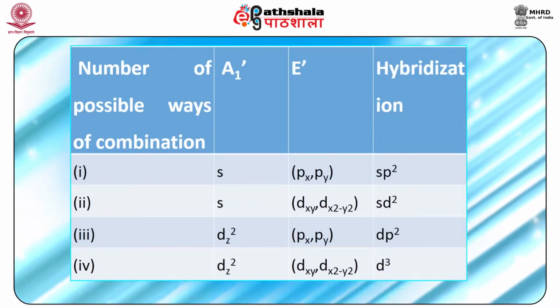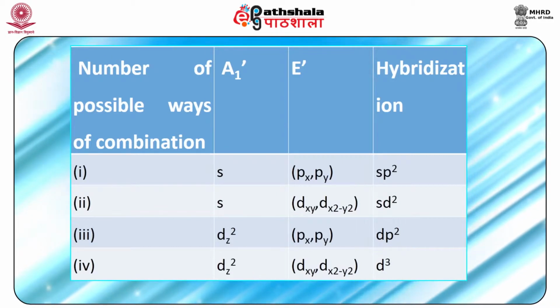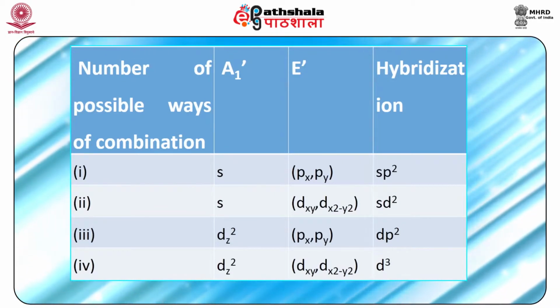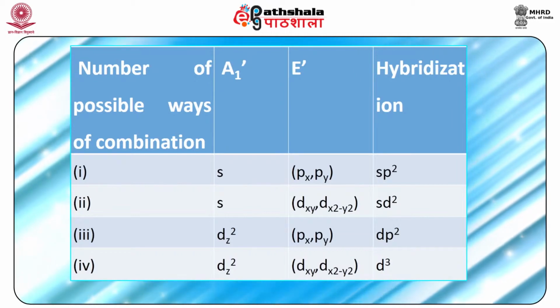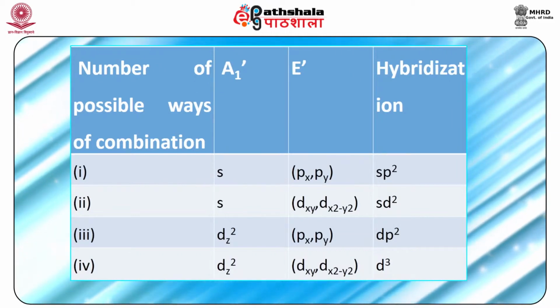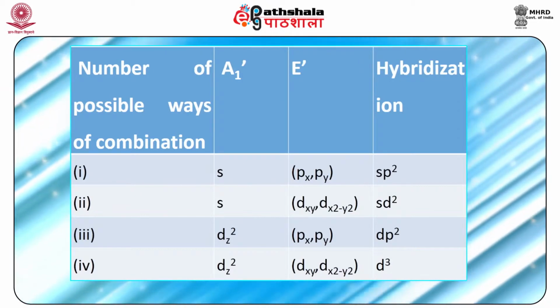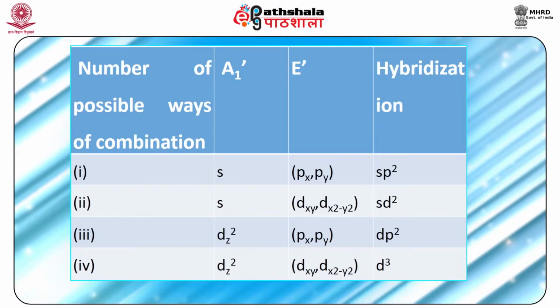The possible combinations are given in the table, that is, the number of possible ways of combining A1' and E'. The first way of combination involves one s orbital and px, py orbitals. px, py is of E' type and s is of A1' type.